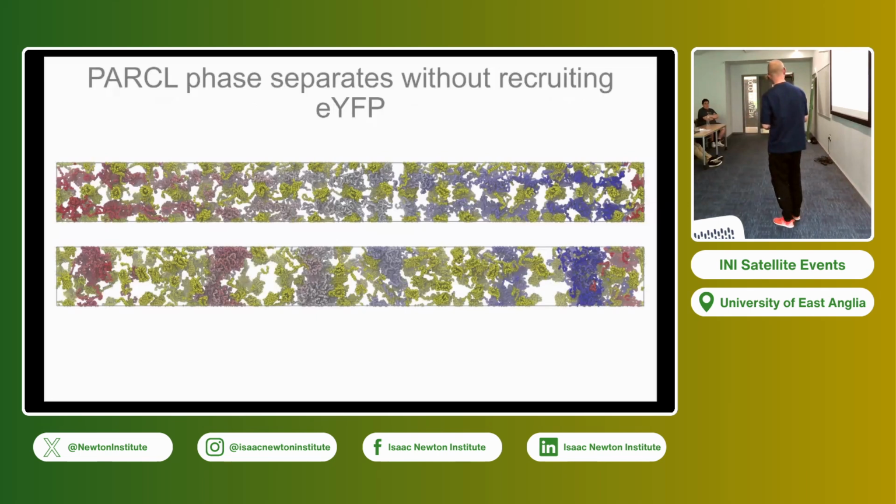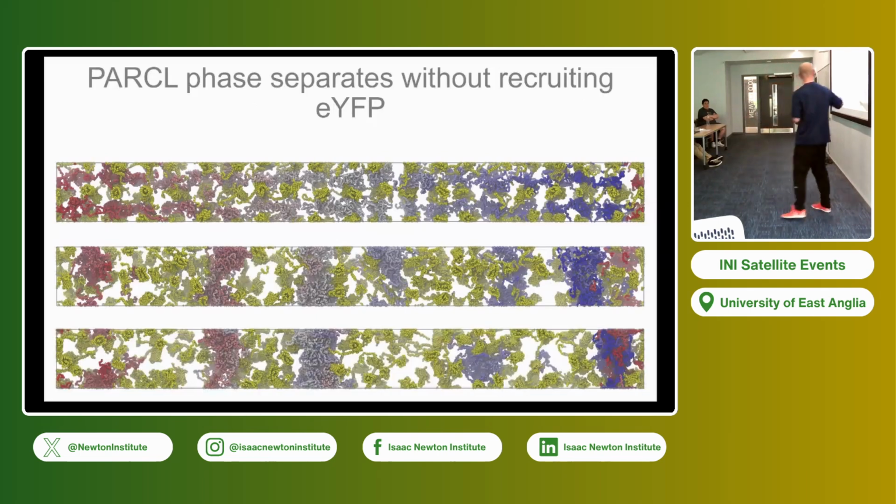But that isn't what we see. We see that parcel still nicely phase separates, and these fluorescent tags stay largely in solution. They come in and out occasionally, but they're largely in solution. So that suggests that it's not greatly perturbing the system, and it's parcel, this protein, that's actually driving phase separation.